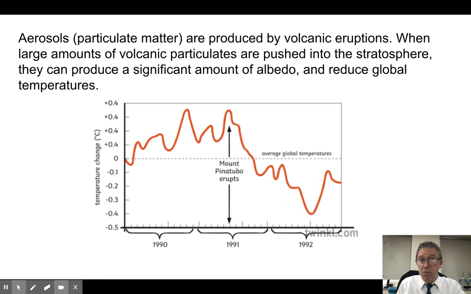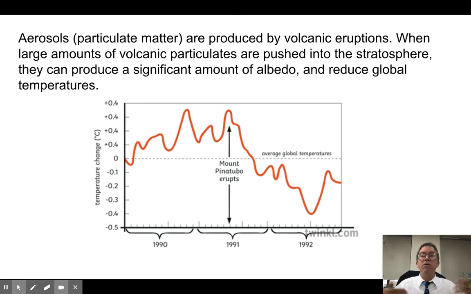And we know, with all the recording we were able to do in terms of climate data in recent years, that when Pinatubo erupted in 1991, we saw a significant and pronounced diminishment in global temperatures in the following year. And that was just one eruption.